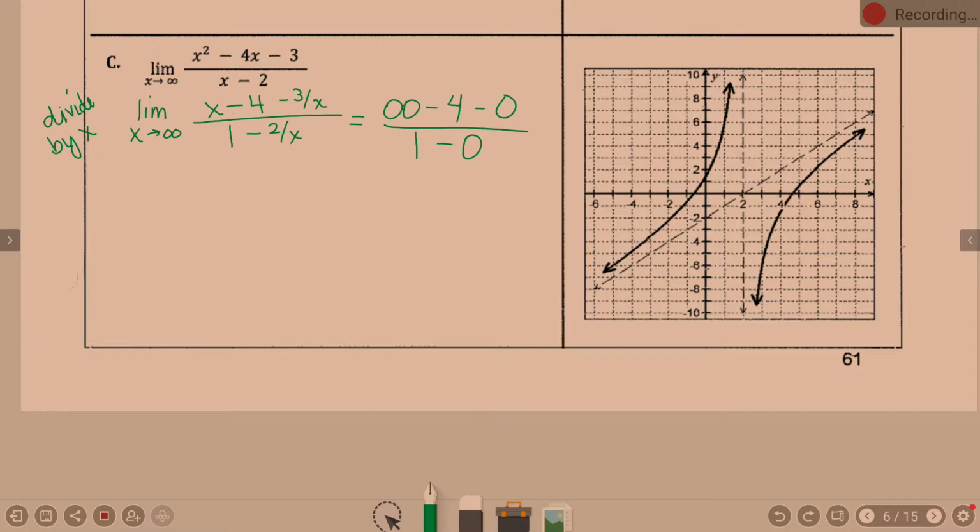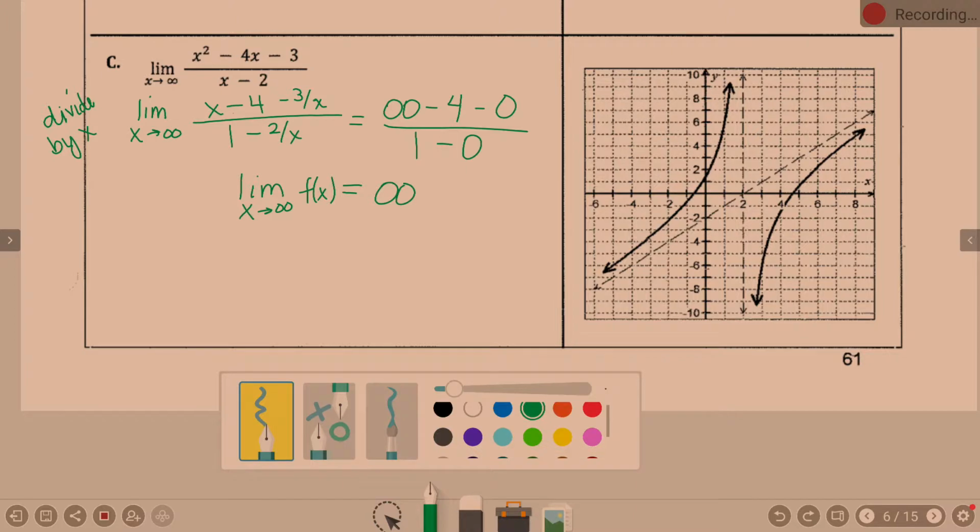A really big number, taking away 4, dividing by 1. This limit is going to equal infinity. The limit as x approaches infinity of f of x is going to equal infinity here. Does that make sense looking at my picture? It does, because as my graph is going off to the right, where is my y value going? It's going up. It's going along that slant asymptote.